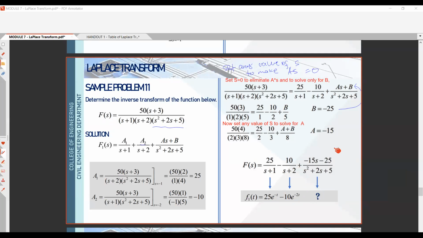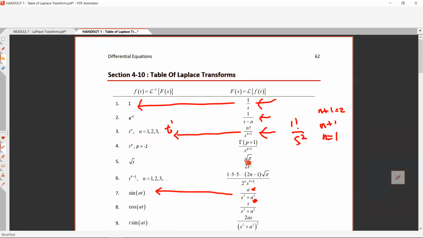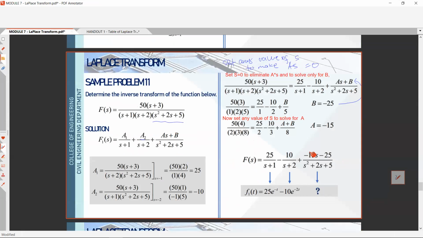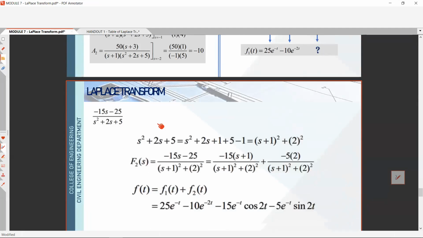Okay? So, this one is not recognizable: s squared plus 2s plus 5. You won't find this in that form. So, what you do is complete the perfect square here. Take a perfect square of this term.